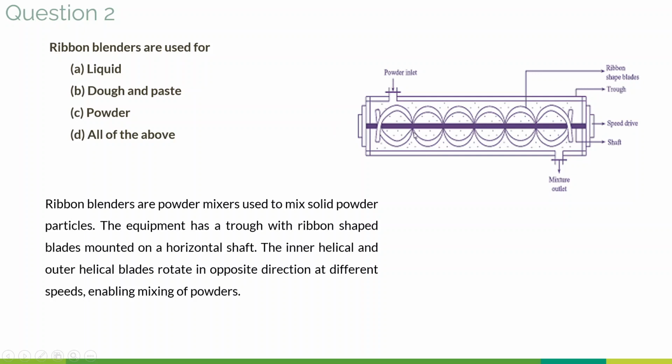The inner and outer helical blades rotate in opposite directions and at different speeds to enable the mixing of the powder. So ribbon blenders are specifically used for powders. The answer is option C.